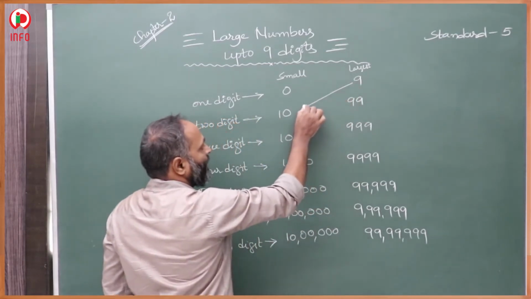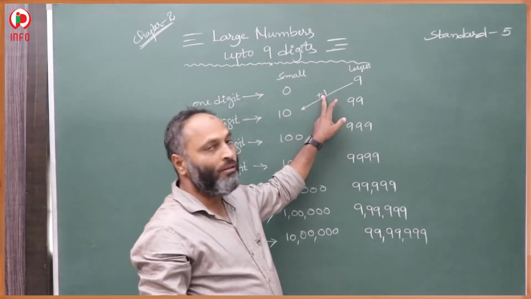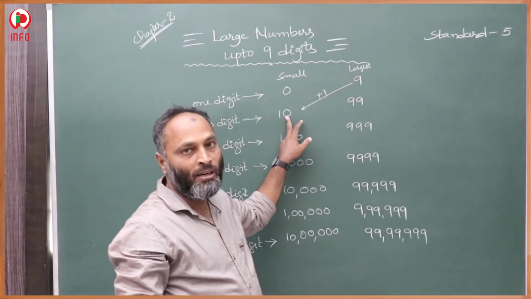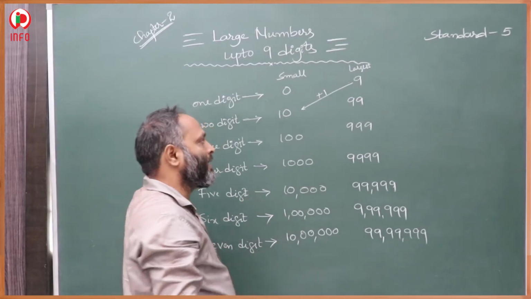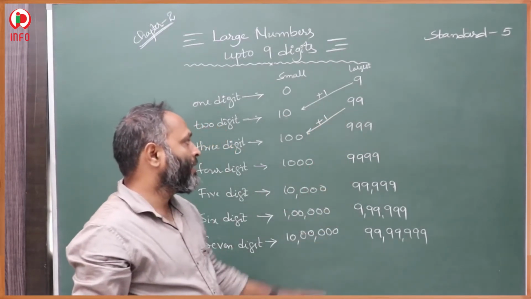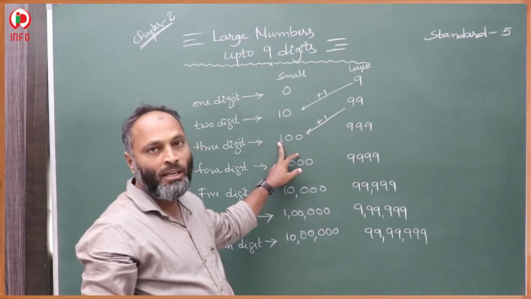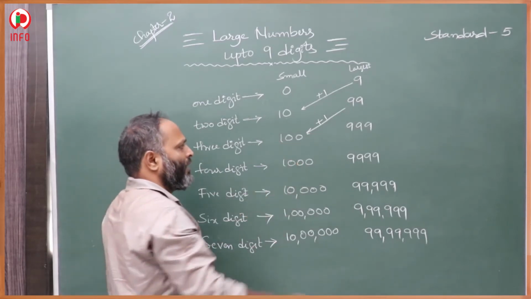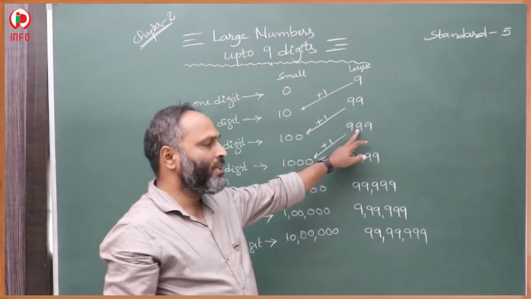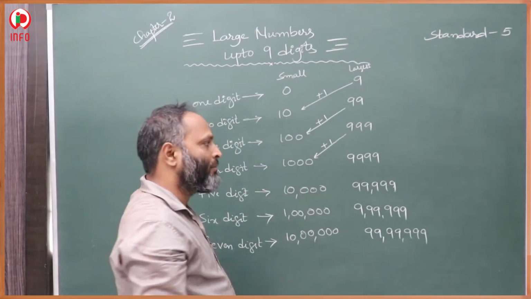If we add 1 to the largest single digit number, we get the smallest double digit number. In the same way, if 1 is added to the largest double digit number, we get the smallest 3-digit number.